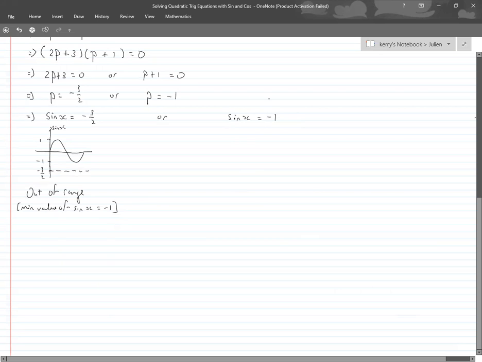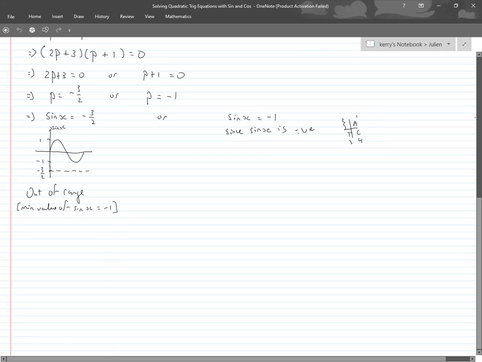So we do the same thing as we were doing before. Since sine x is negative, we look for our quadrants, A, S, T, C: first, second, third, fourth. All are positive in the first, sine alone is positive in the second, tan alone is positive in the third, and cosine alone is positive in the fourth.